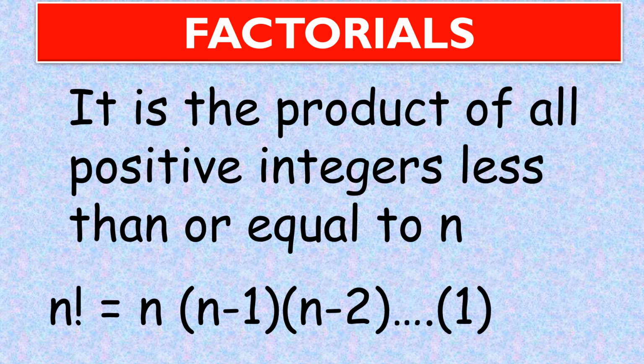So you have n factorial, and that's simply equals to n itself, and then n minus 1 times n minus 2 times all the values that are less than n, positive integers, up till 1.